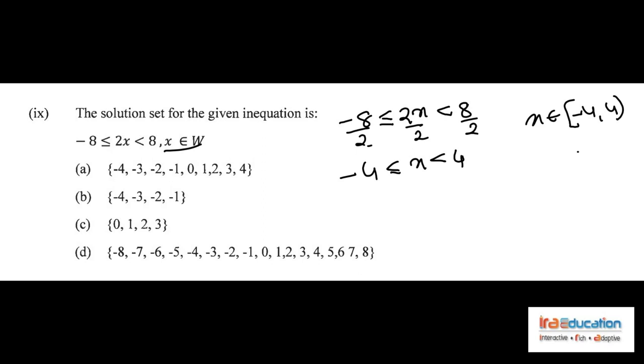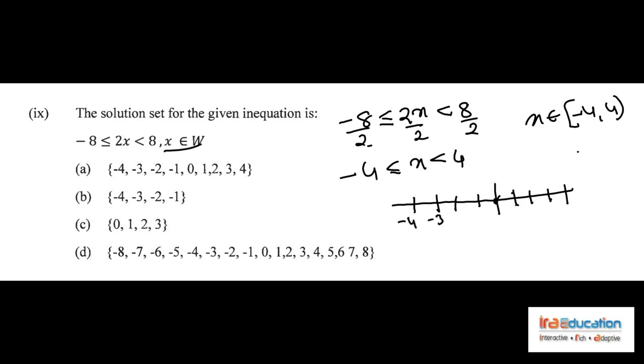But now, because he specifically said x belongs to W, that implies whole numbers. Therefore, on the real line, this is 1, 2, 3 and 4. This is 0, -1, -2, -3, -4.